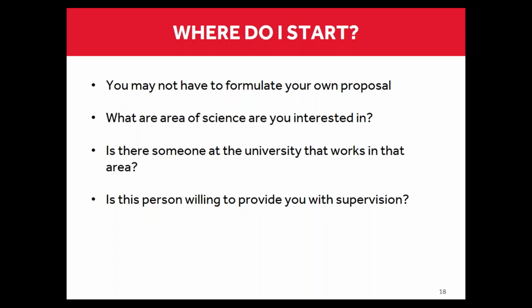There's no point in trying to do research at a particular institute if there's no academic who specializes in that area that is able to supervise you. The next thing that you would want to do is to check that that person that you've identified actually has the time and is willing to supervise you. And for this, you're best to get in touch with the academic directly.